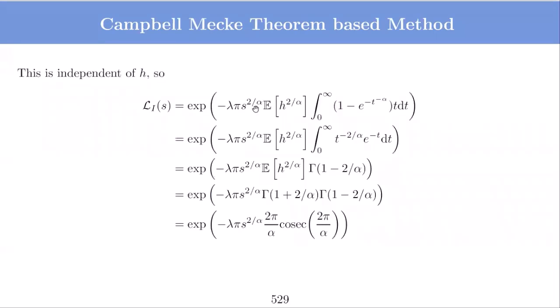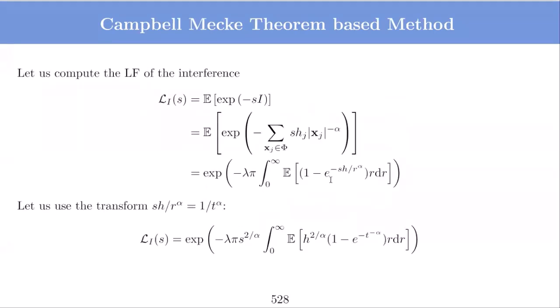So what I get is e to the power s to the 2 by alpha. Then there is an integration of t dt, and then the remaining term is here. This integration we have already computed in the past, and it is given by 1 by 2 gamma(1 minus 2 by alpha).